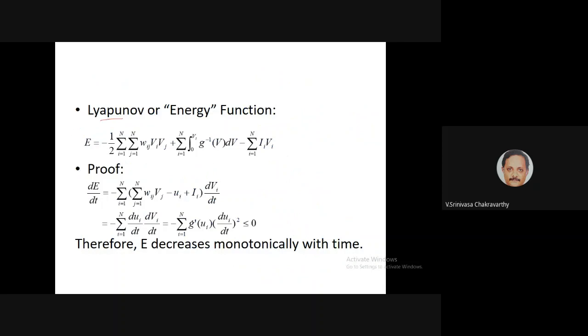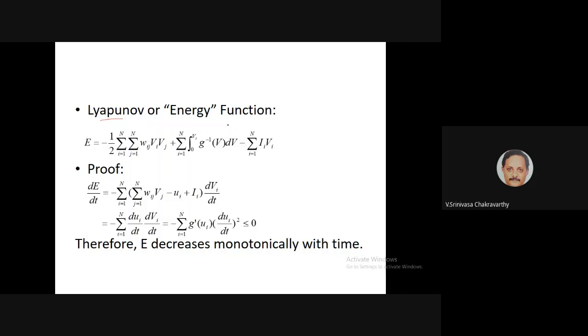And just as the discrete version has this energy function, which goes down at every step, the continuous version also has an energy function, which goes down as the network evolves. This kind of function is called a Lyapunov function in dynamical systems theory.